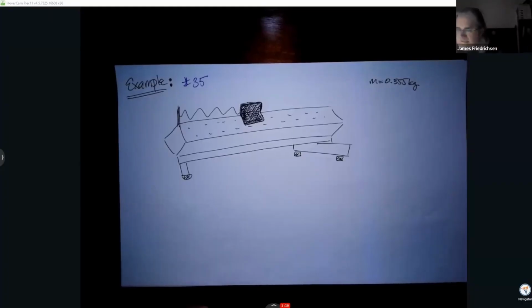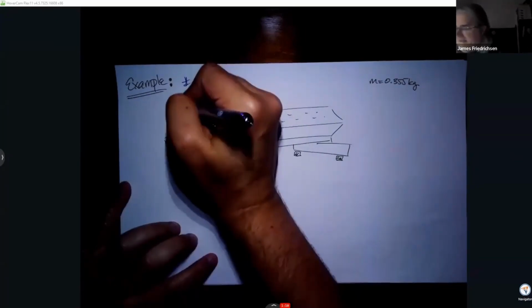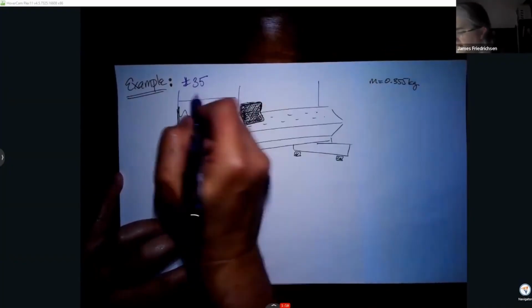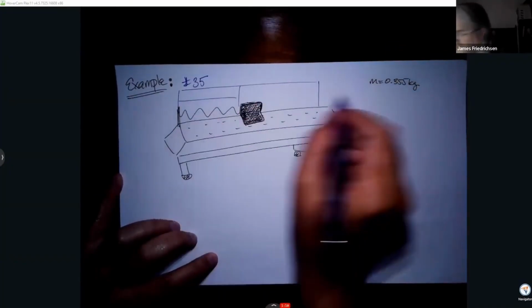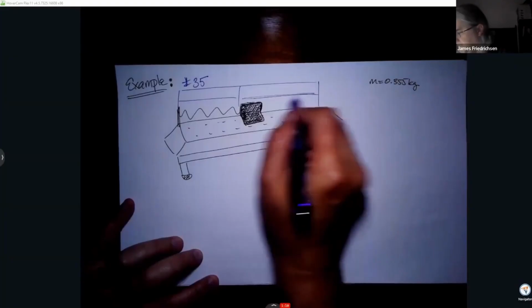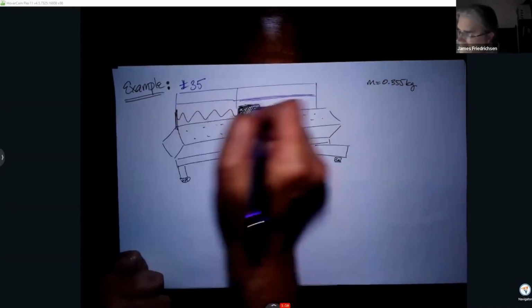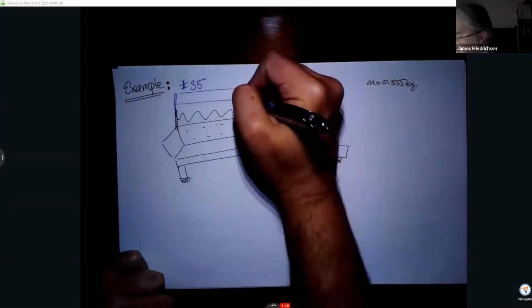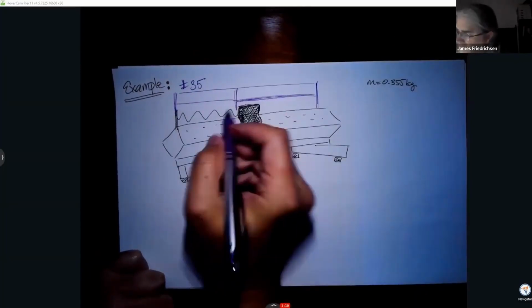All right. So it's going to go in simple harmonic motion, and it's going to oscillate back and forth such that the distance varies between this point and that point.